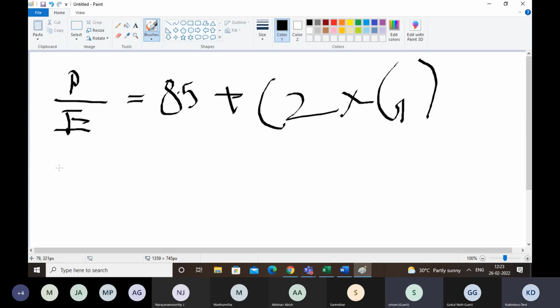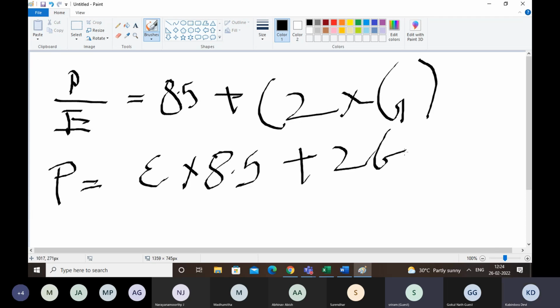If I want to identify the price, then you take the earnings to the other side, so you have to just multiply the earnings into that. First we have to identify the relationship with this, then multiply with that earnings. We'll do one sum in that.